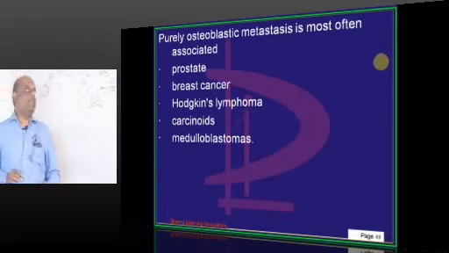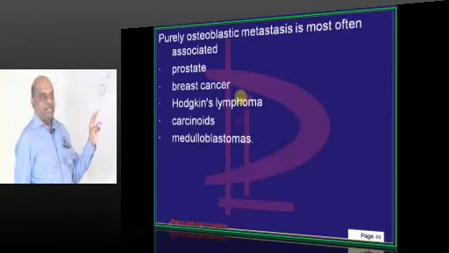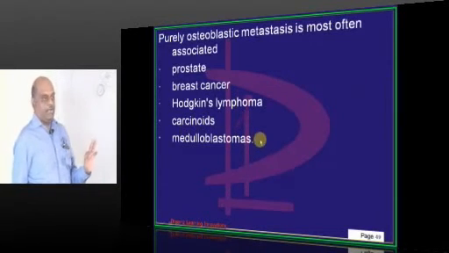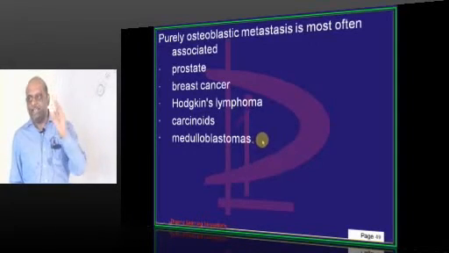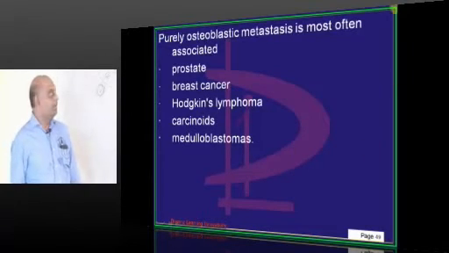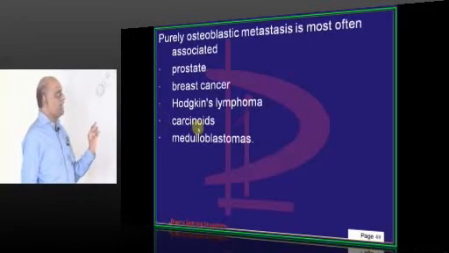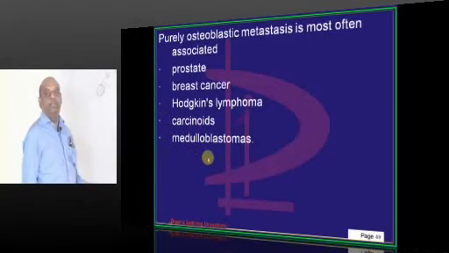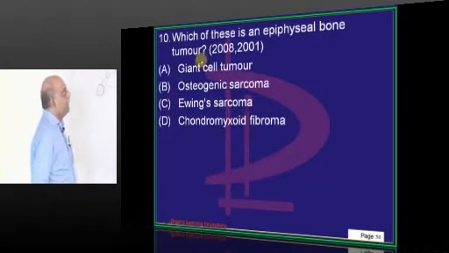Purely osteoblastic means only prostate, breast, Hodgkin's lymphoma, carcinoid, medulloblastoma. Only their secondaries are considered to be osteoblastic secondaries. Okay, doc. Prostate, breast cancer, Hodgkin's lymphoma, carcinoid and medulloblastoma is what you have to remember.